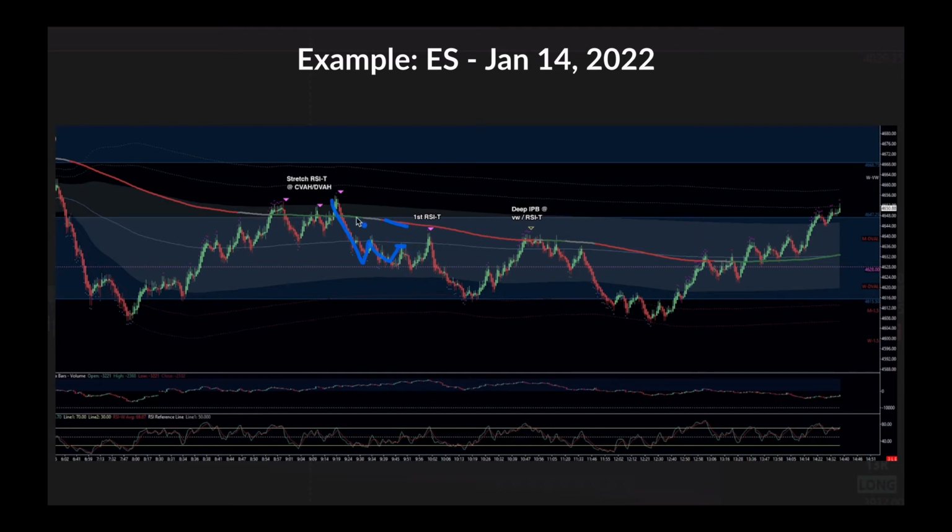So eyeballing this, I'd probably say, hey, this is a little bit shallow. But when this thing comes up to here, and I have this RSI that goes overbought right here, and I've got all this other stuff happening, what a great trade! This is one of my favorite trades to take. These changeovers from green to red, red to green, and then I get this nice RSI signal that happens.